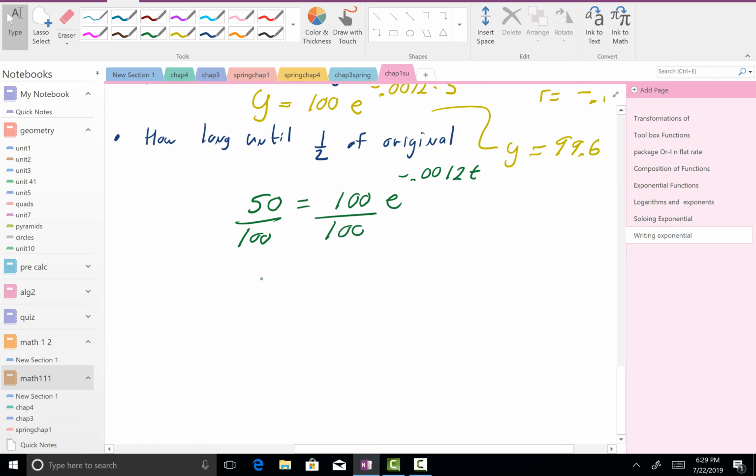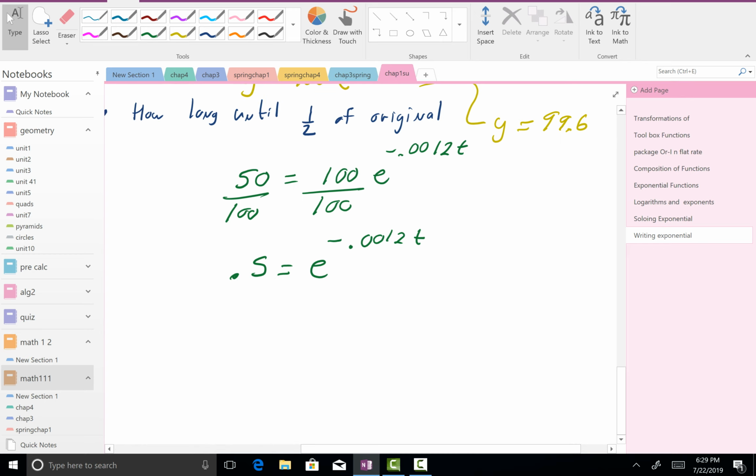Going to get 0.5 there. And now you get to that point where you got to ask yourself, do I want to log both sides, or do I want to use the definition, or do I want to graph it? Your choice.